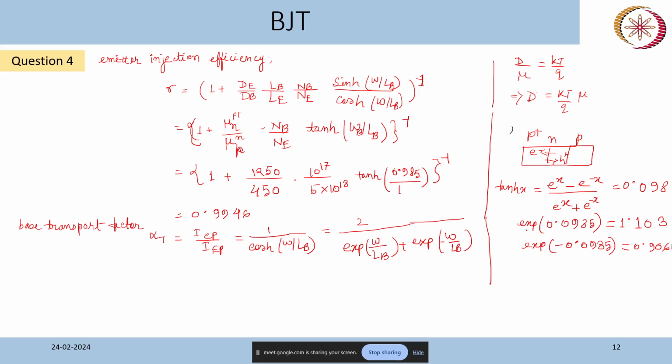We have already calculated exponential of W by LB. So what will be alpha T? 0.9955.